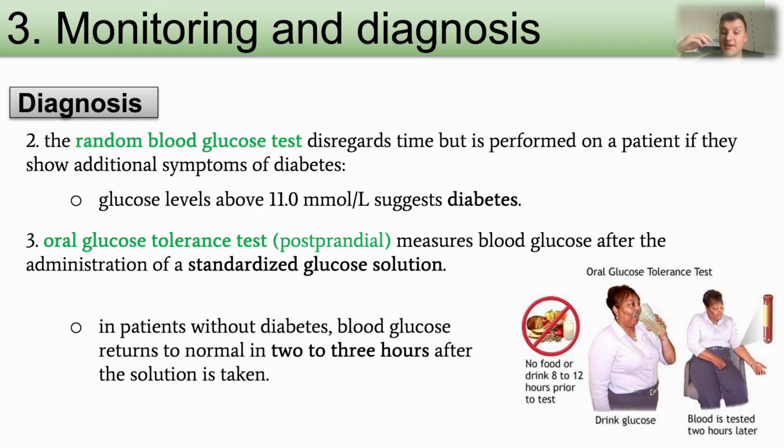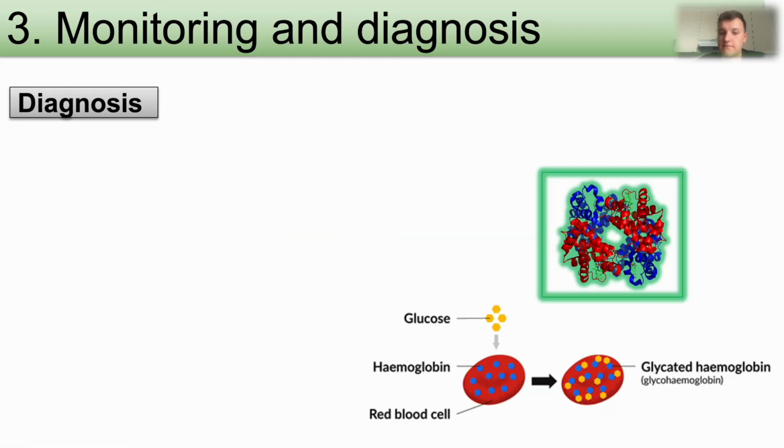And then they're going to see how you're metabolizing this glucose and is it getting out of your bloodstream. So in patients without diabetes, blood glucose returns to normal in 2 to 3 hours after the solution is taken. So you could take a blood test 2 hours later and see how much glucose is there. If it's still a lot, then probably diabetes.